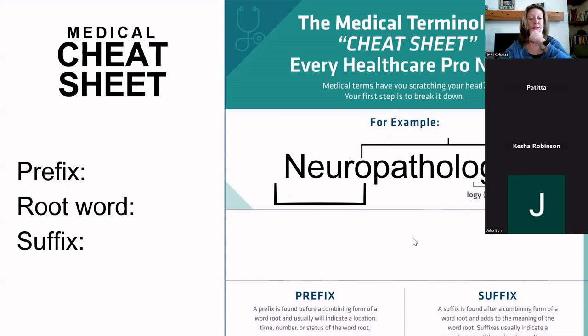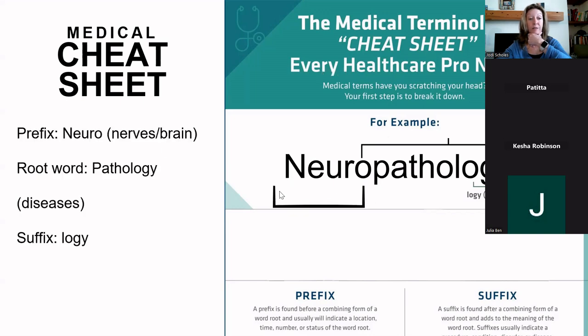Good. Yep. Ms. V, nerves, yes. Yep, we need a little bit more than that. So neuro, right? Neuro is the prefix here. So we're talking about the nerves or the brain, right?